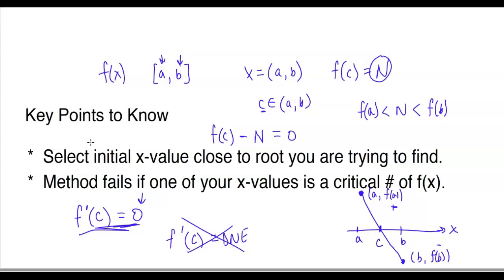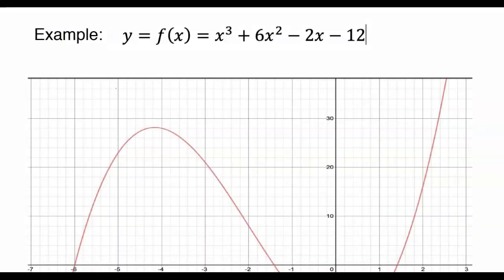So next, what we are going to do is geometrically try to understand what is going on whenever we use Newton's method in several iterations. The picture of the graph that we are about to look at is a picture of this cubic function, x cubed plus 6x squared minus 2x minus 12.